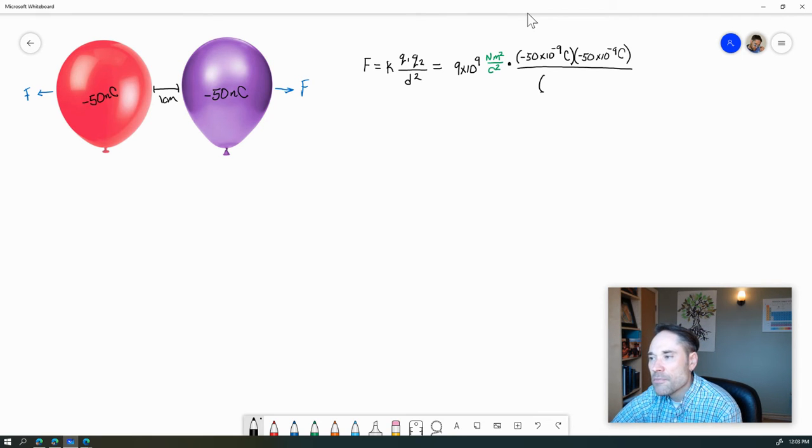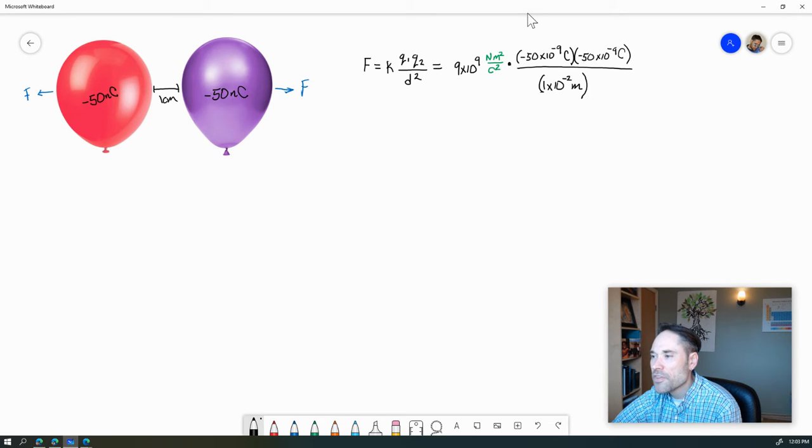Now, a centimeter is 1 times 10, because I'm going to put this into meters, to the negative 2 meters. Centi is times 10 to the negative 2. Again, this is something to look up or to go back to your original notes in the class. And now I'm working in meters. The reason I need to be in meters is because the unit on our constant is in meters and coulombs, so they have to be the right units in order to make this work.